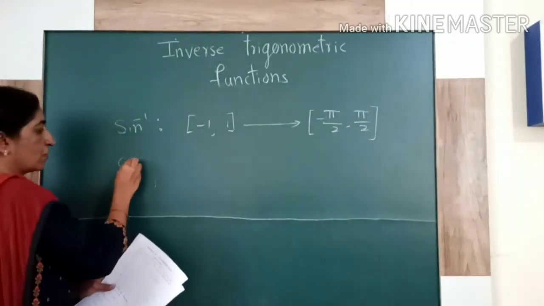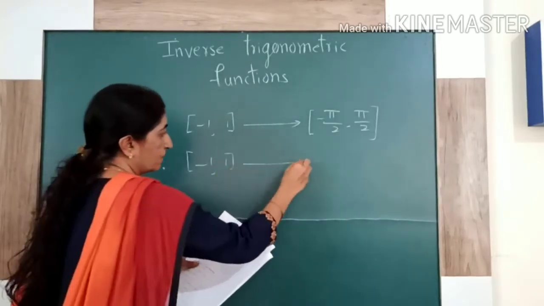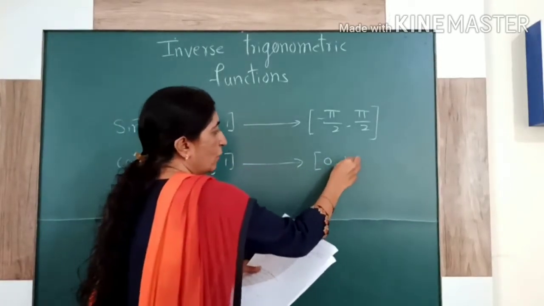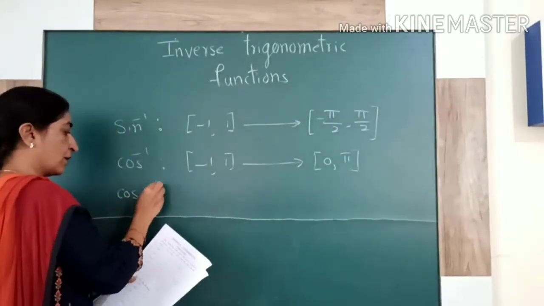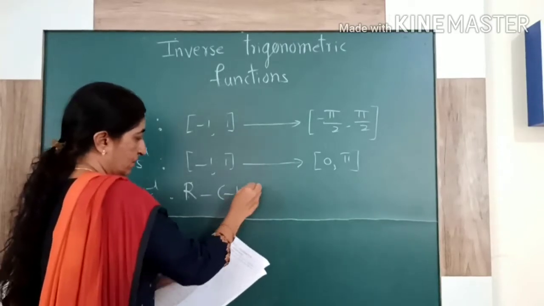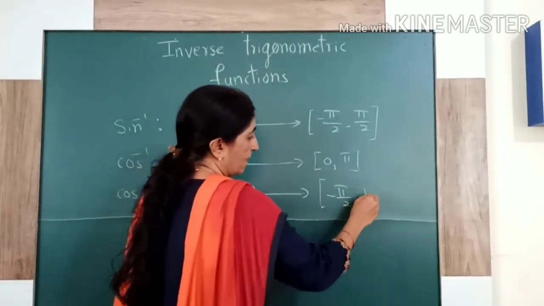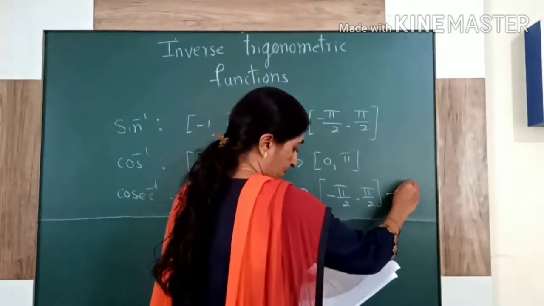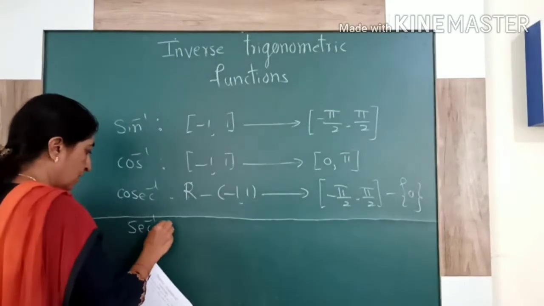This is sin inverse. This is cos inverse. This is the value 0 to pi. And next one is cosec inverse. Then the next one is sec inverse.